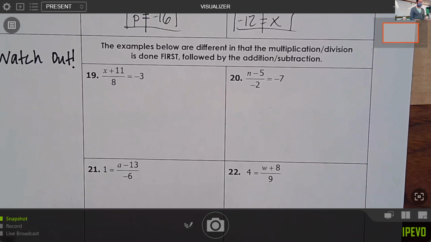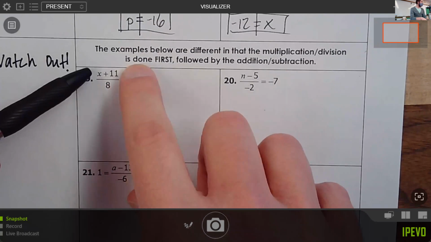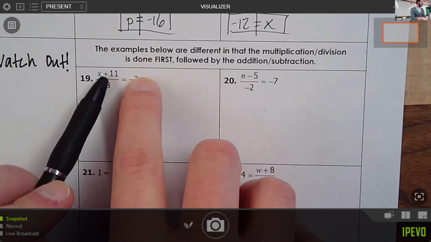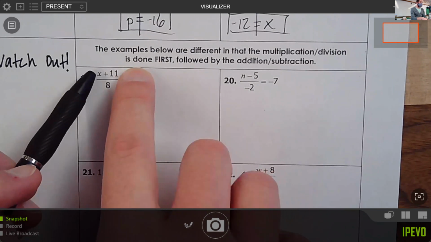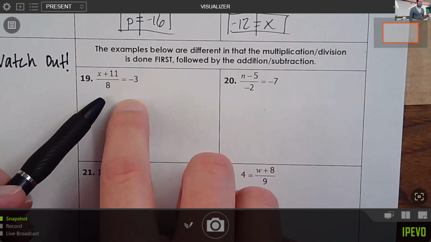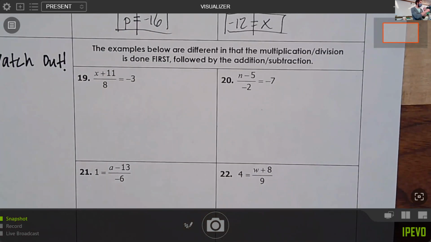We would add 11, right? Because when we're talking about order of operations and you have a numerator and a denominator, if there's something operational on a numerator like plus, that means it's a group. So you'd have to do the addition first and then divide by 8. So if you're working forwards through this process, you would add 11 and then divide by 8.